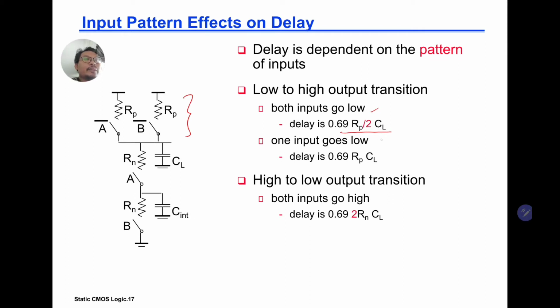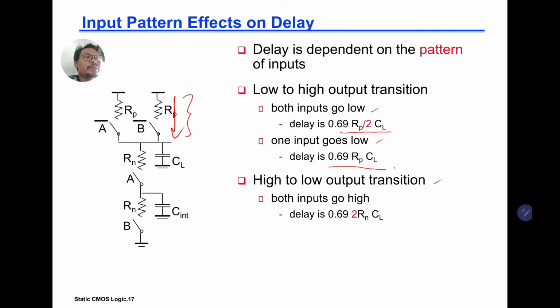However, if only one input goes low and the other one is high, we are still going to charge the CL, but in this case your delay is a little bit higher, 0.69 RP CL. Okay, because now you only charge through one transistor instead of 2. So remember, if you charge through 2 transistors, it will be a lot faster than charging through one transistor. Now what about the discharging?